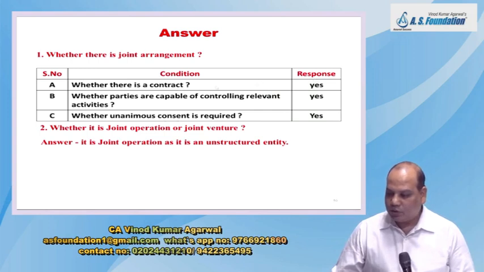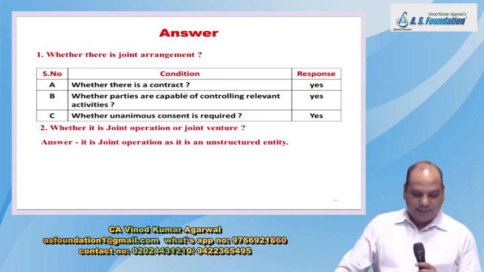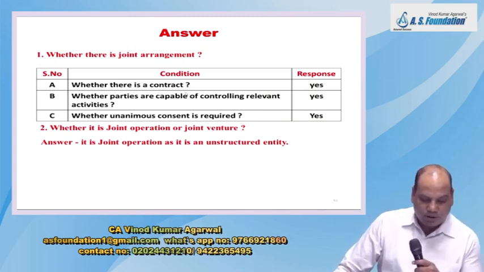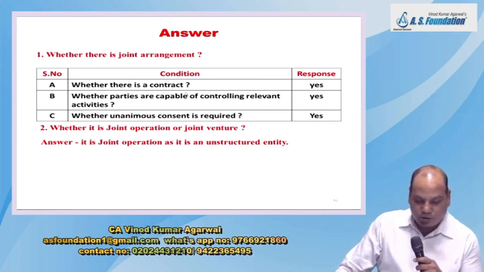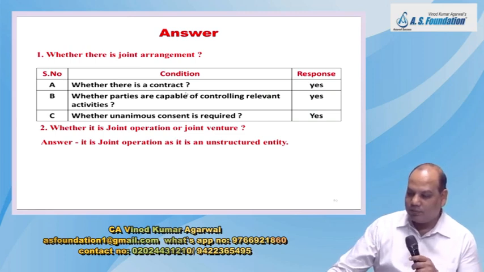If the answer to all these questions is positive, then we will conclude that yes, it is a joint arrangement. So first, point 1, whether there is a contractual arrangement. Yes, ASF Limited and Reliance agree to manufacture goods in India and sell in UK. That is nothing but a contractual arrangement. So point A, contractual arrangement, question mark, yes.